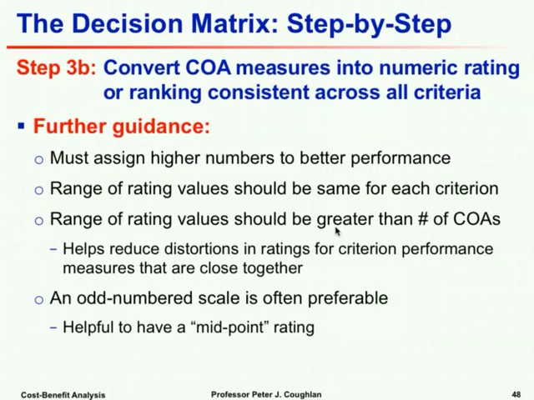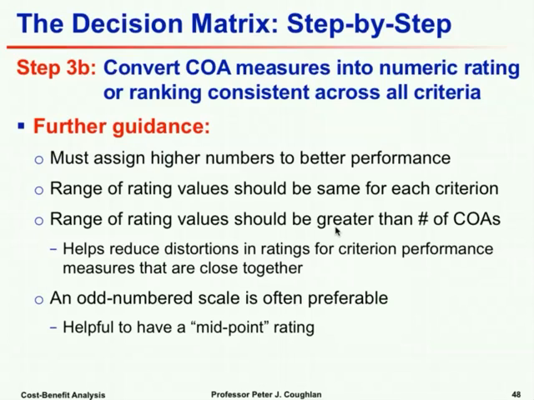Further guidance: obviously you must assign higher numbers to better performance. That may seem obvious, but it's often the case that things like how long something takes, time, or defects are objective measures for which a low number is better. So you've got to convert them so that you assign a higher number to the better performance. Also, if ranking, you want to invert so the first place gets a higher number.